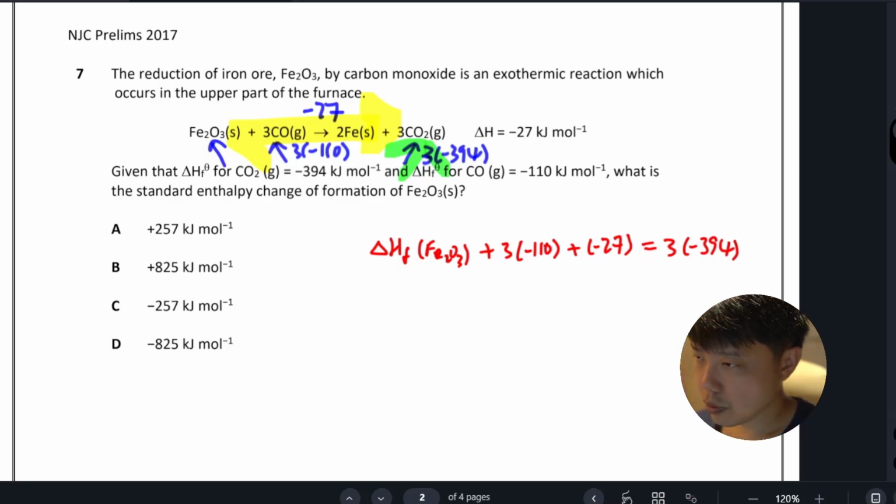Okay, so if you use the formula, you get pretty much the same thing. And then basically you just key into your calculator, you will get an answer of minus 85. So answer here is D.